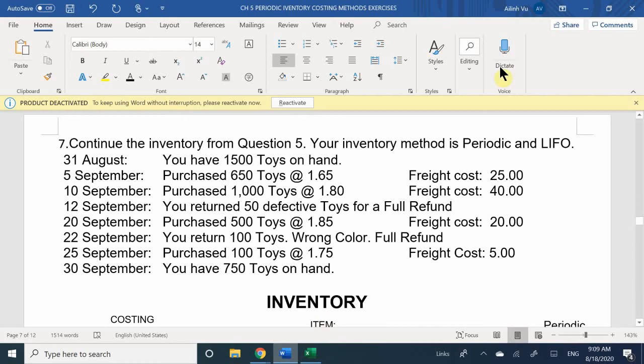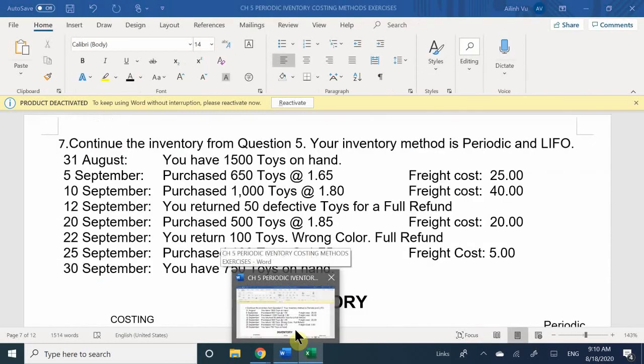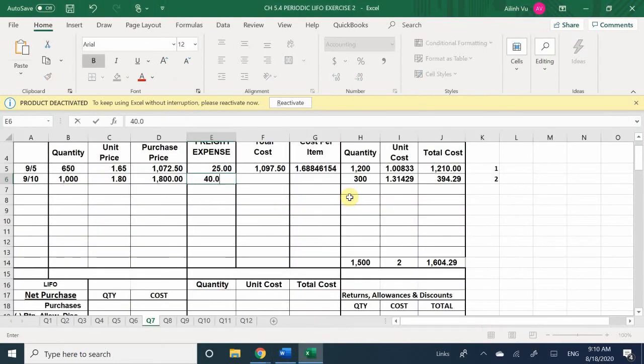So we bought a quantity of 1,000 at $1.80, that's $1,800, and the freight was $40.